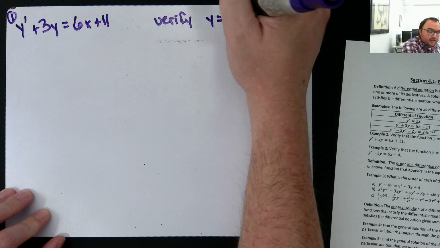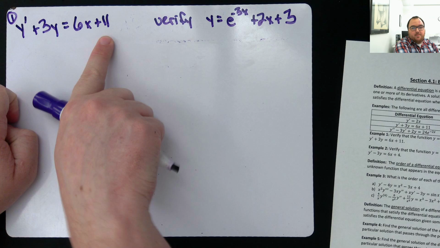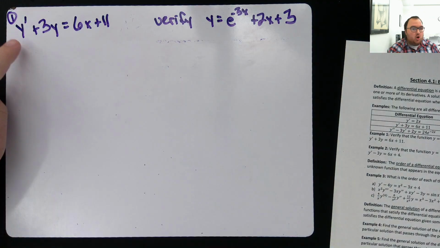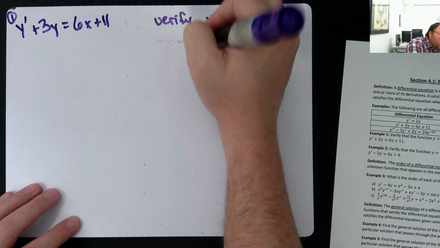So the idea is I want to plug this in for the y over here and show that I get this, okay? So first things first, I need to know what y prime is, because there's a y prime, so I need to use y to get y prime. So the derivative is what I want.